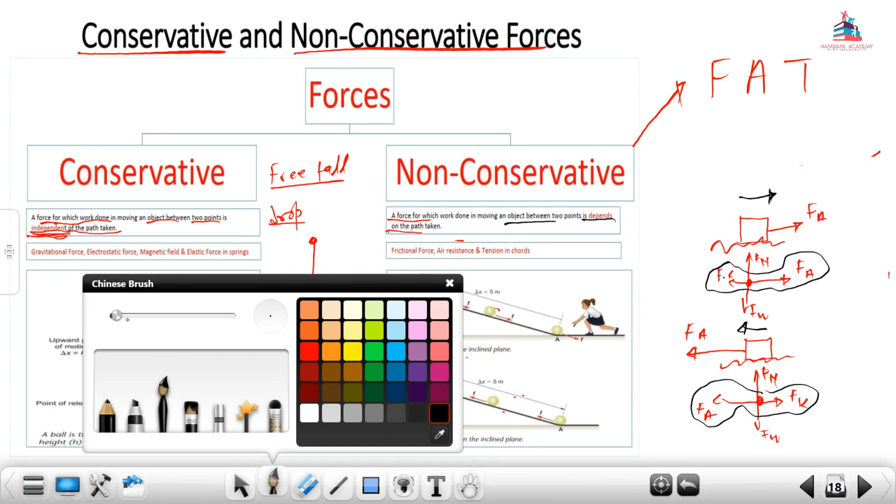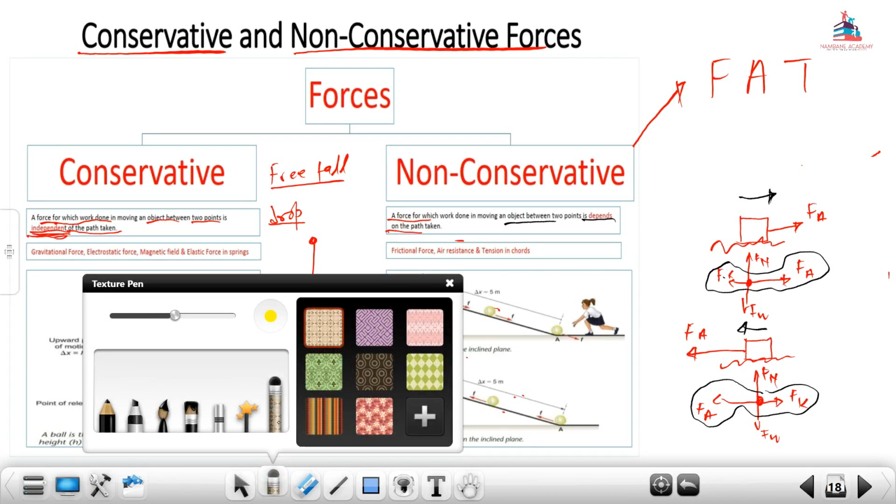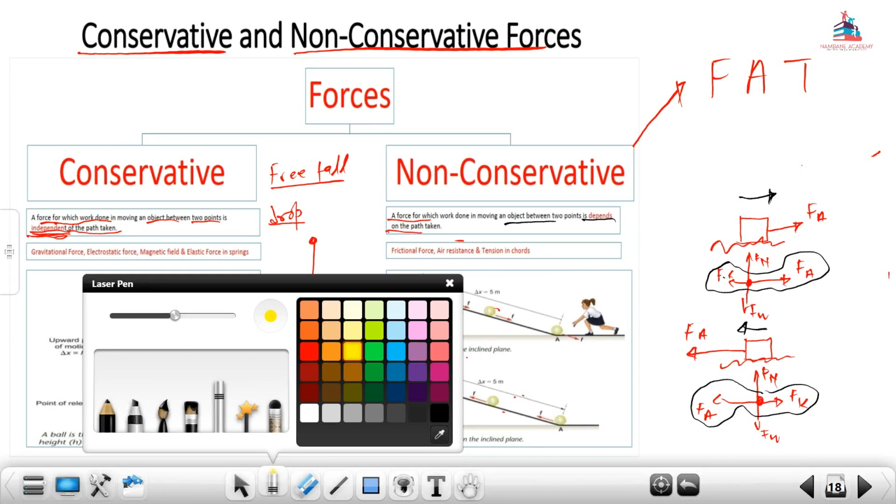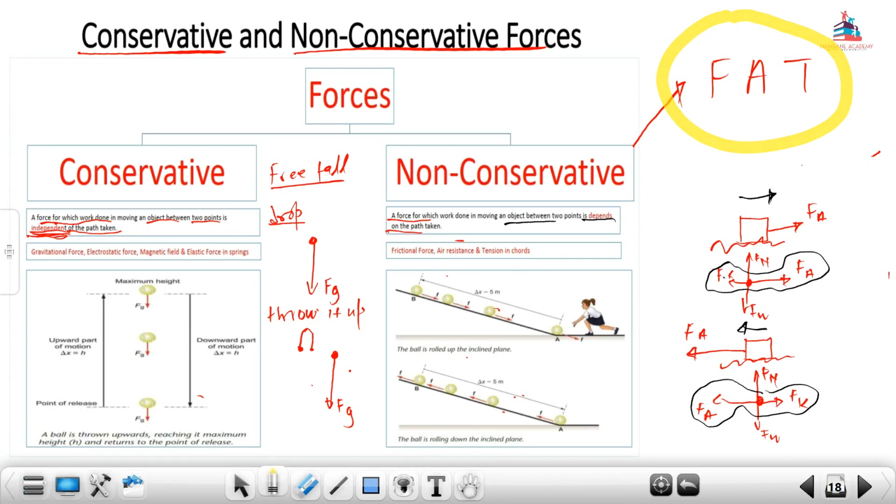We came up with the analogy of FAT, the reason being I want us to be in a position of understanding exactly that FAT will assist us not to forget the type of forces that we are working with.